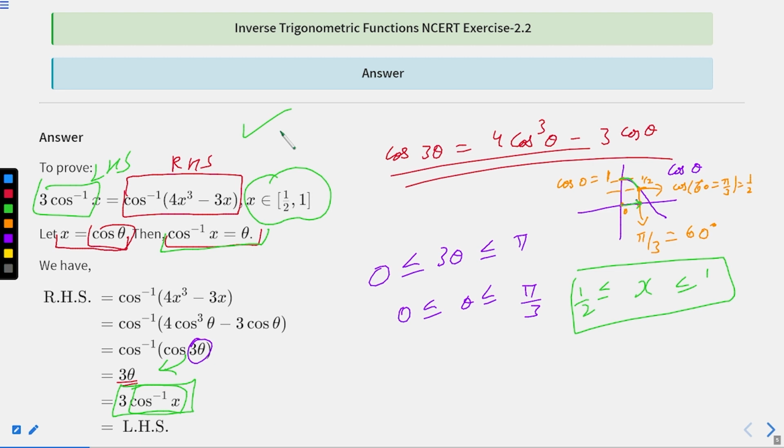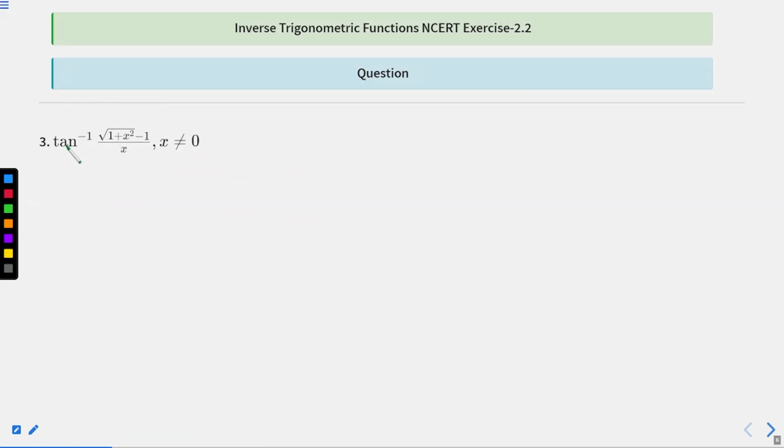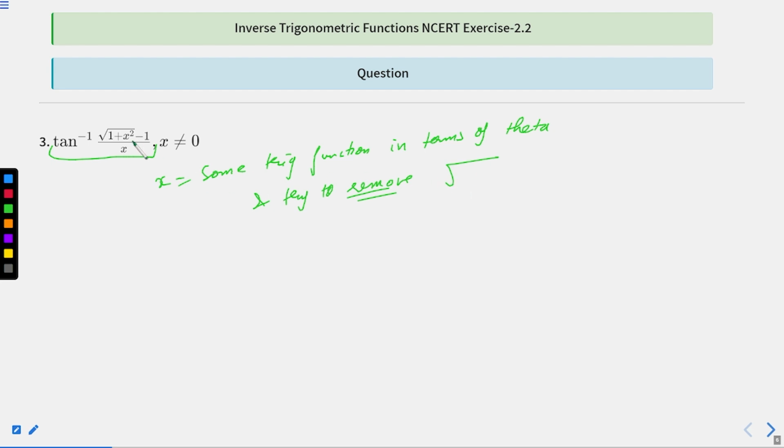Let's move to the next. Now, tan inverse of root 1 plus x square minus 1 by x. We need to write it in simplest form. So how are we going to do that? It is quite easy. Whenever you face such a type of question, always try to think of putting x equal to some trigonometric function in terms of theta, and try to remove the root if you have one.